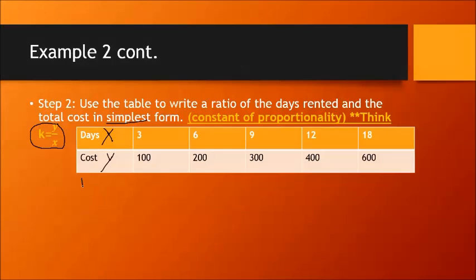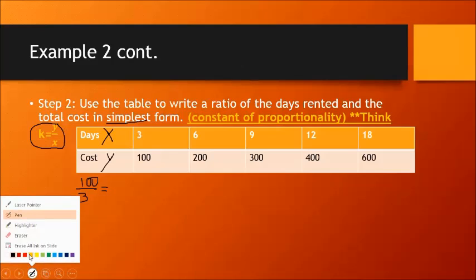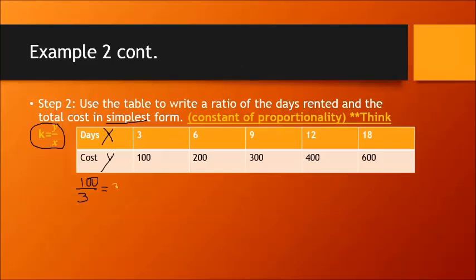So I have 100 over 3. Is that in simplest form? Yes, it is. You could write it as a mixed number if you wanted to. Get a little fancy. If you want to write it as a mixed number, you could, which would be 33 1/3.